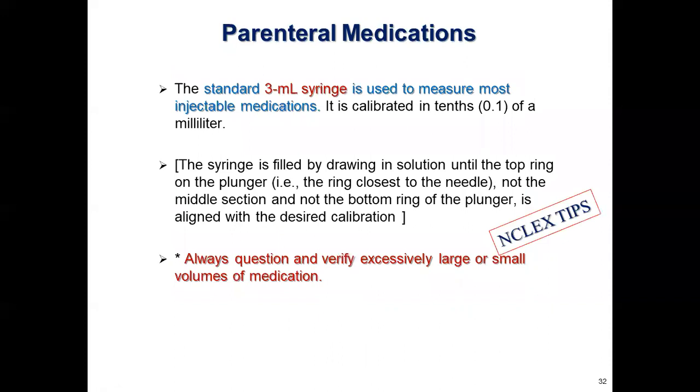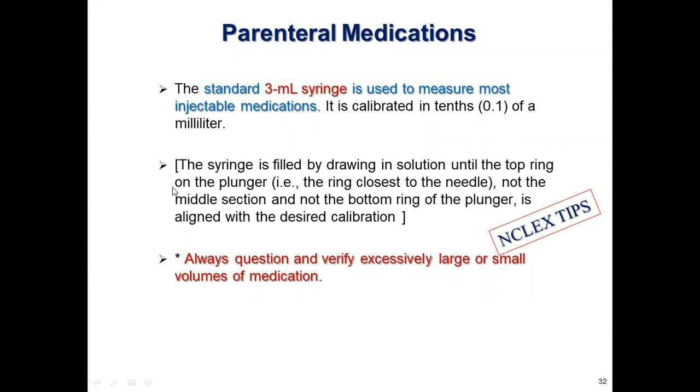So now let's go and discuss a few NCLEX tips. They said the standard 3 ml syringe is used to measure most injectable medication. It is calibrated in 1/10 of a milliliter.